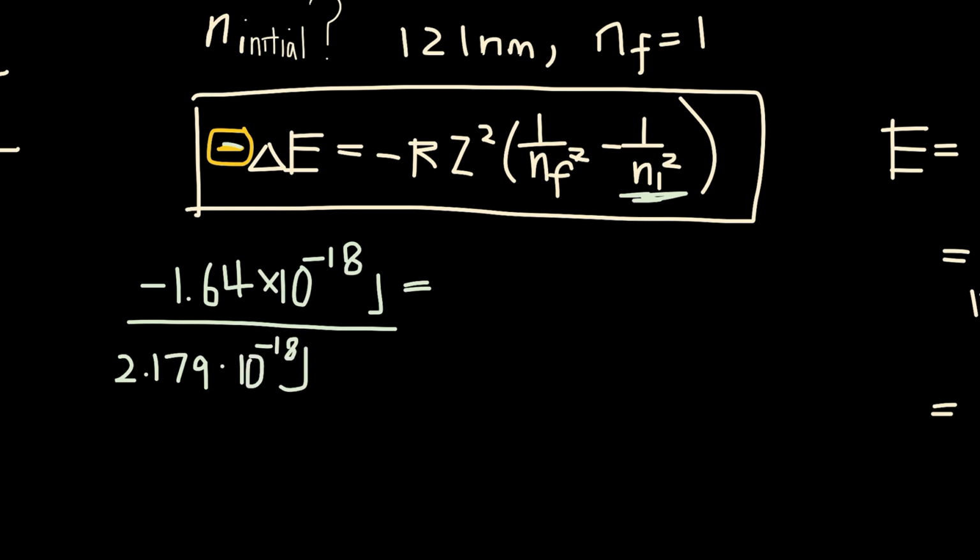That's R. And then for Z squared, this is a hydrogen-like atom, and we're just going to say it's hydrogen, so its proton number is 1, so 1 squared is just going to be 1. And then we have our final, 1 squared, so that's just 1, minus our unknown.